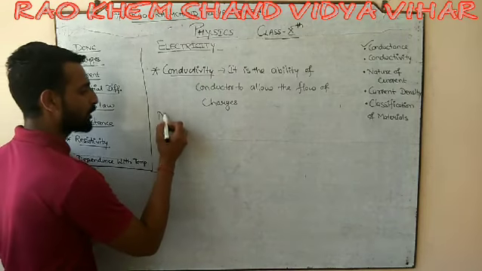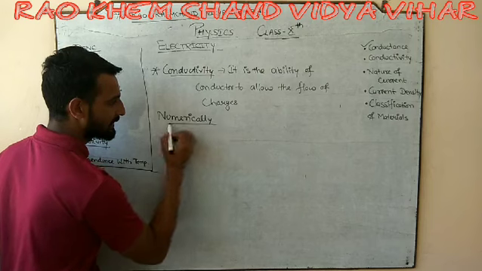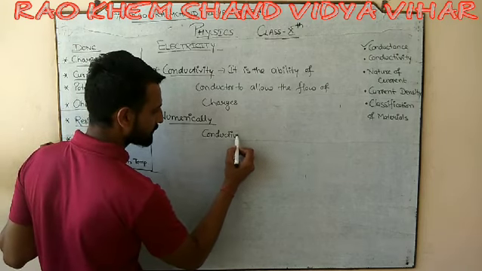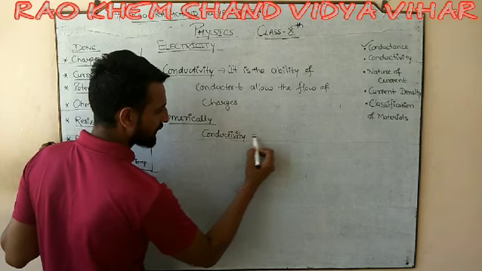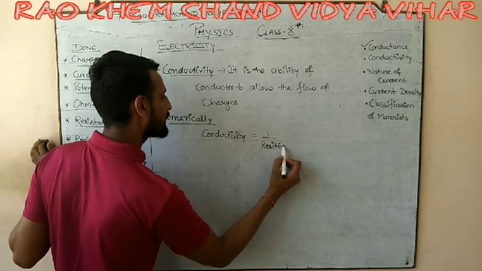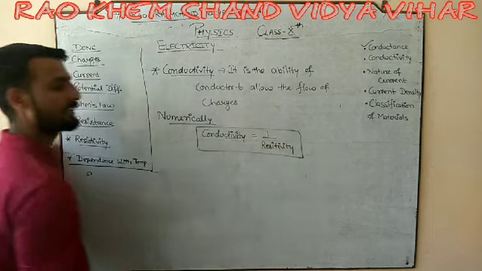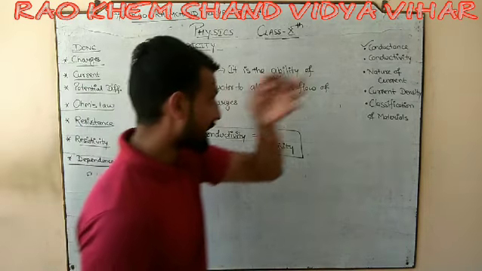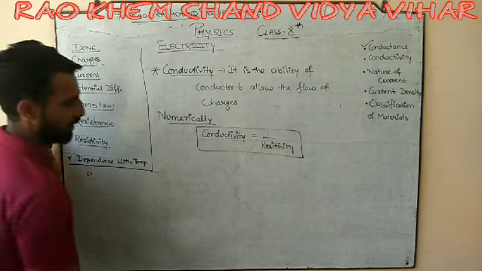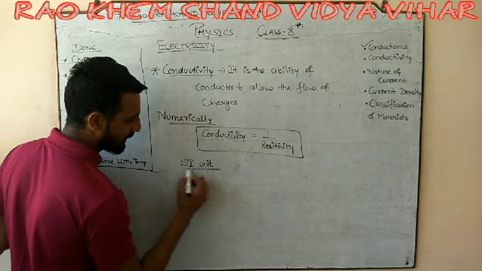So technically or numerically, you can say that conductivity is equal to the reciprocal of what? Resistivity. Numerically, it is the reciprocal of resistivity. Conductance is the reciprocal of resistance, but conductivity is the reciprocal of resistivity. In this manner you can also make the SI unit.